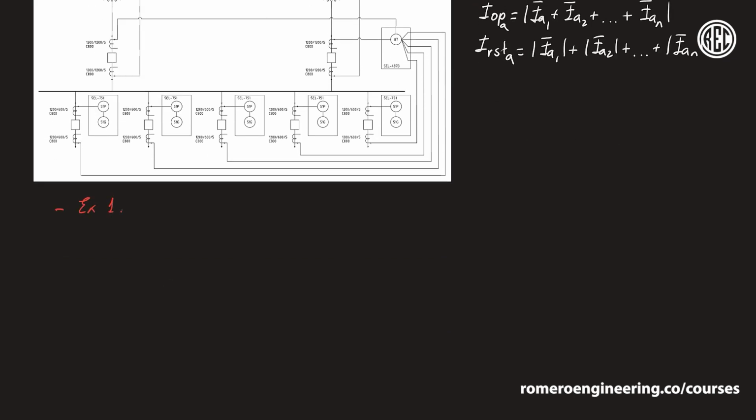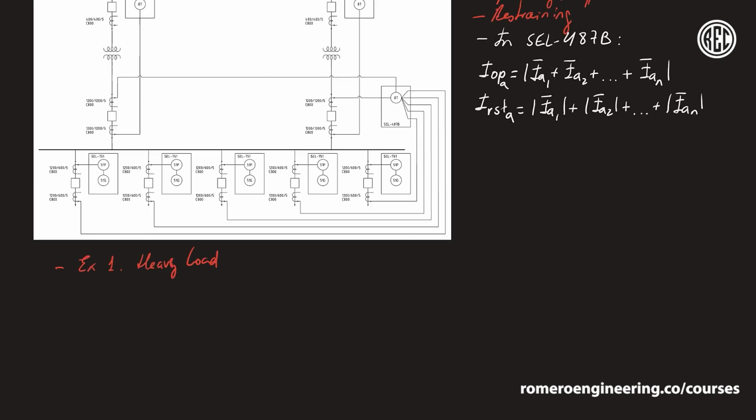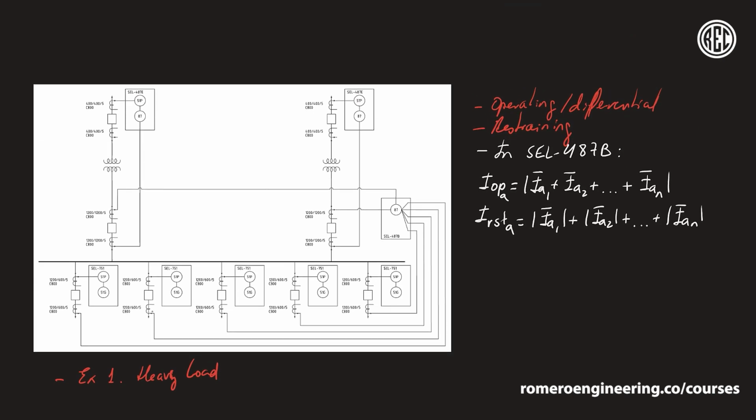I'm going to say here example 1, heavy load. So let's say, for example, that all these breakers were open. So I'm going to say these are open circuited, so they're not in service. And let's say that the current that flows through this breaker is 1000 amps at 0 degrees.